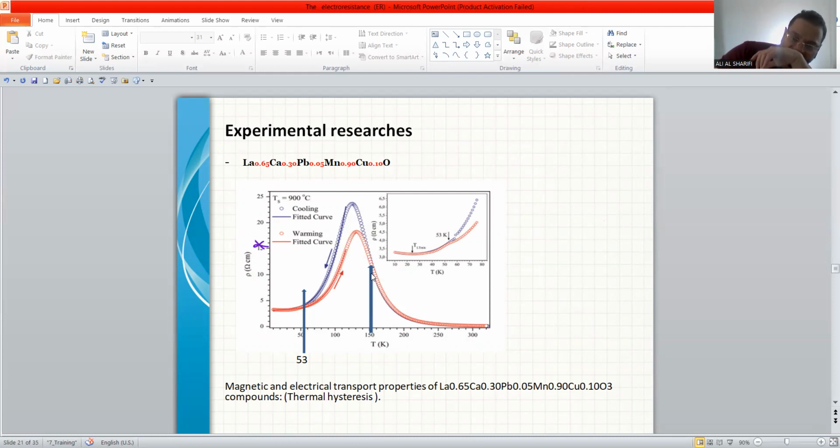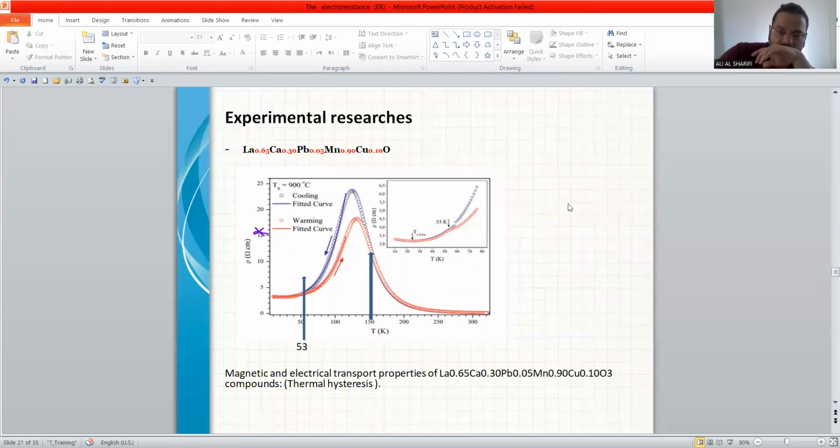At approximately 150, this phenomenon disappears totally. Here, the resistivity and temperature. Magnetic and electrical transport properties of the components. Like I said before, I put the article's name below every plot, every figure.